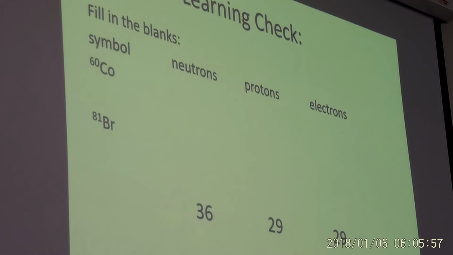There you go. Your very own periodic table. There you go.